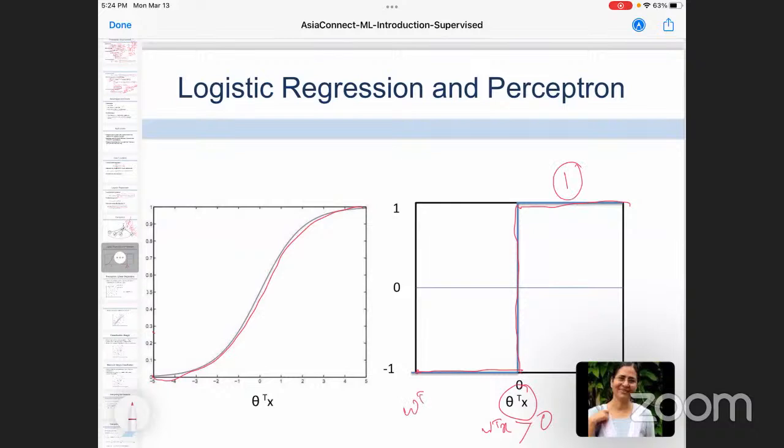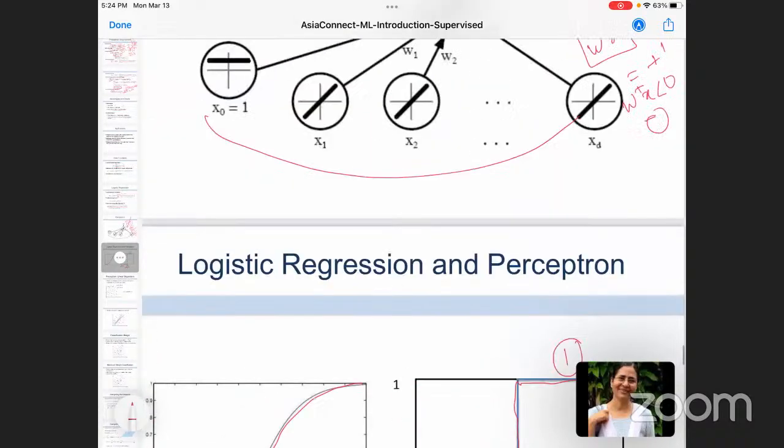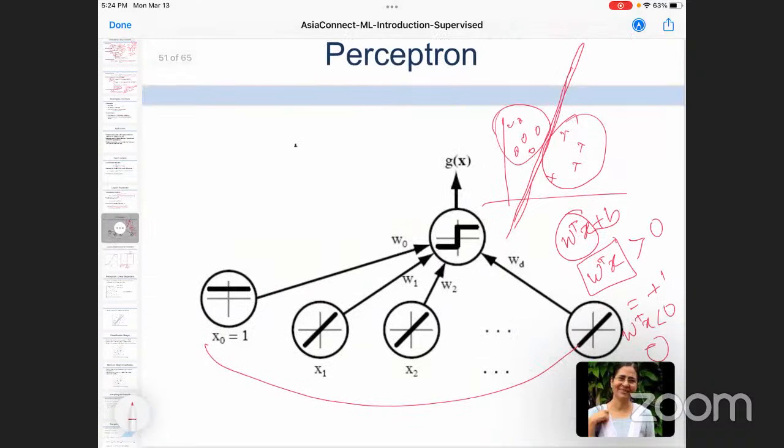If W^T x is less than 0, the class label is 0. Okay, but you have to find W. This is a separating line. This is the W^T x plus b line. So this is simple perceptron.